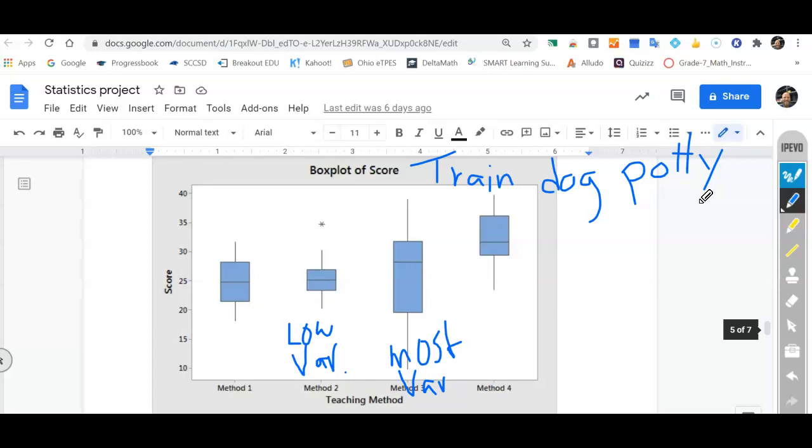You're just thinking that the bigger the graph means better in this situation? Because it would be the most consistent? Okay. Could be.